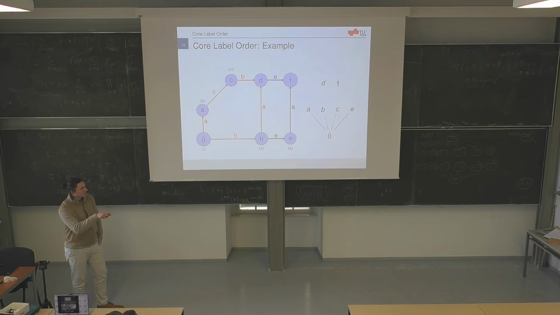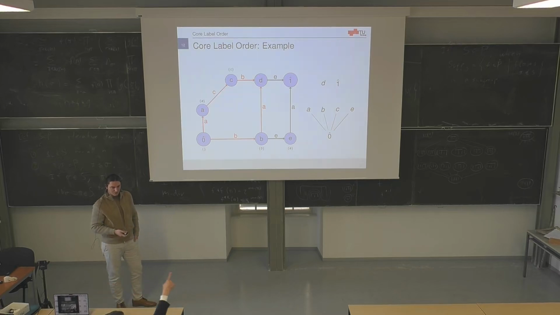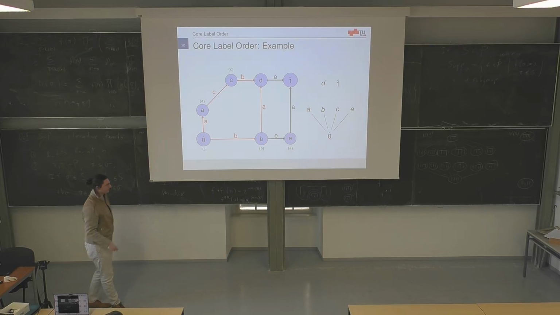So here is, from bottom to top, the order up to inclusion of the core label sets. So for example, you're having here the 0 element, which has no lower cover. For D, I have the core label set where I'm collecting all these edge labels.